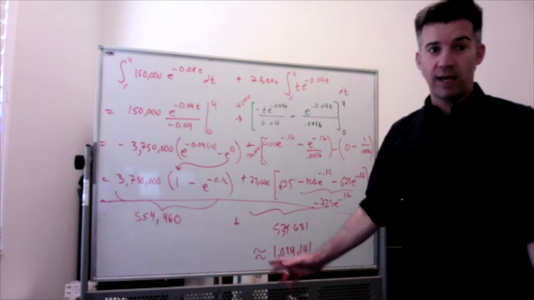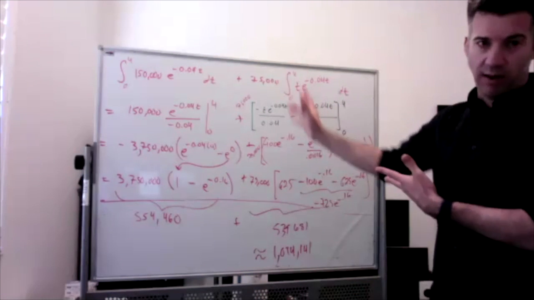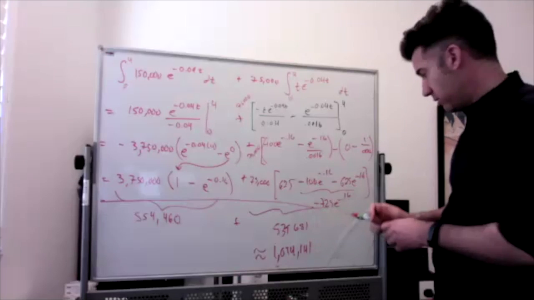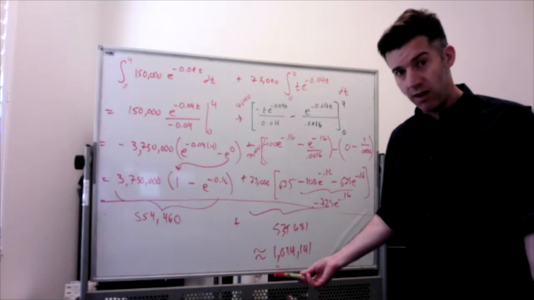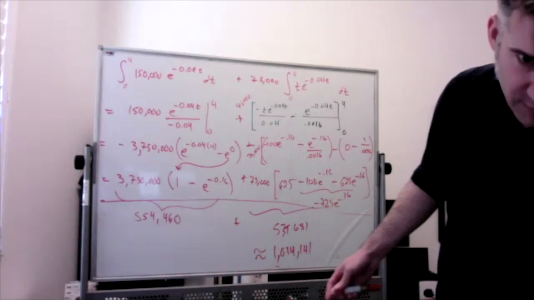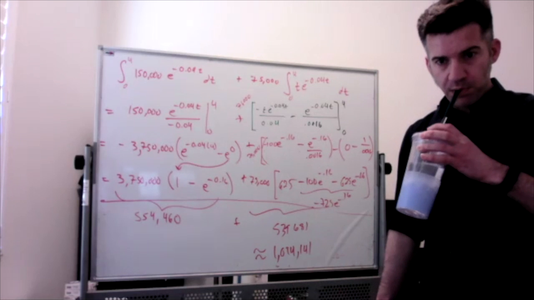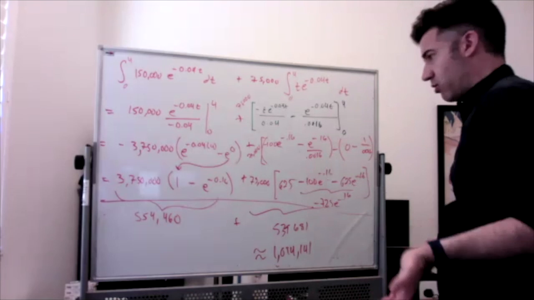So again, what that's saying is because of inflation, if you had this much money today, it would be the equivalent of getting the $1.2 million of income over those 4 years, spaced out how the income function said it was. So this much money today has the same purchasing power as that $1.2 million over those 4 years. It's kind of a funky concept, but it does work.